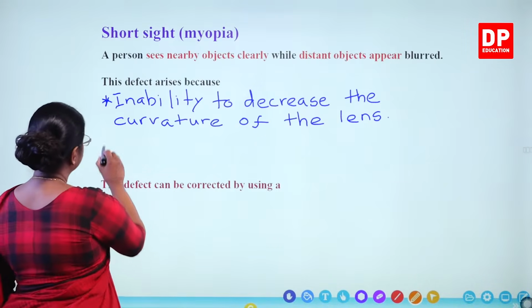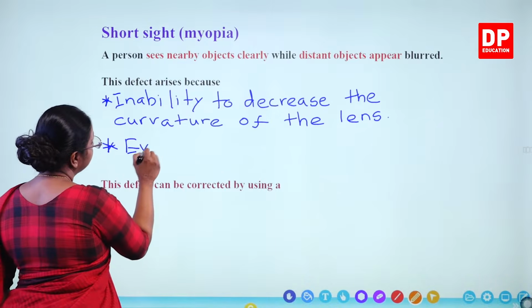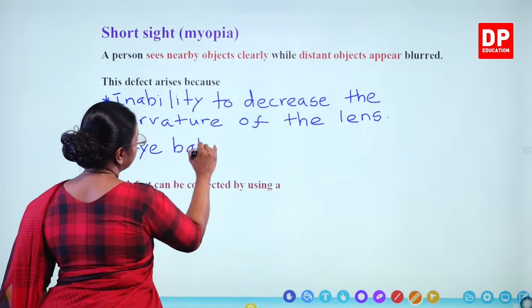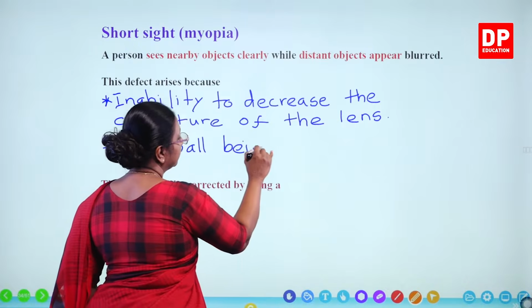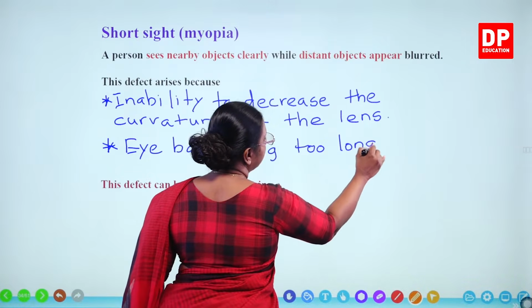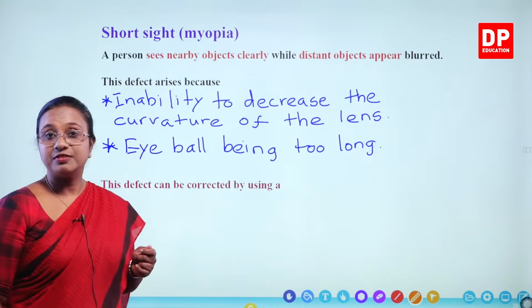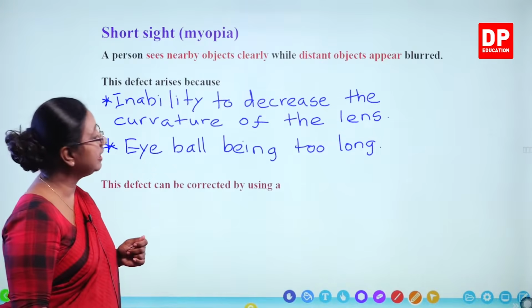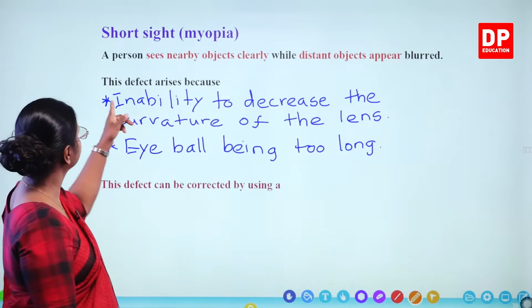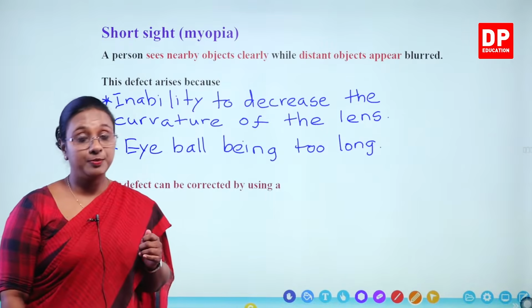So another cause is the eyeball being too long. So inability to decrease the curvature of the lens and the eyeball being too long are the reasons for the defect short sight or myopia.